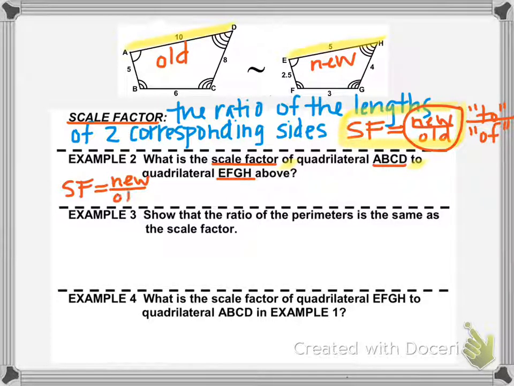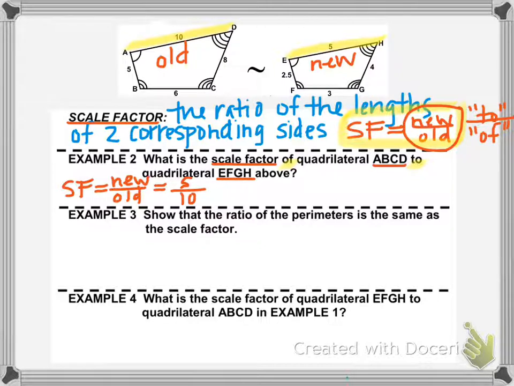New over old, or to over of. The new is the 5 because it's from the new shape. The old is the 10 because it's from the old shape. There's my ratio. The last thing I need to do is just simplify it.